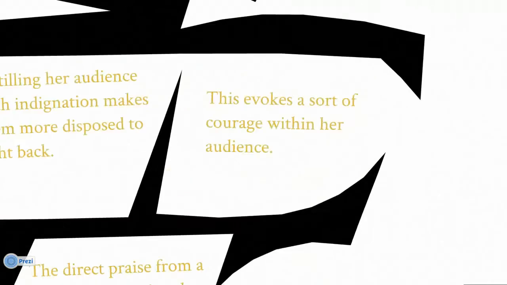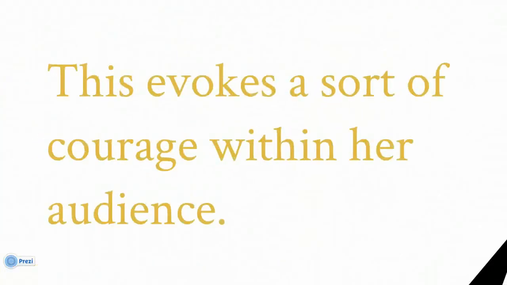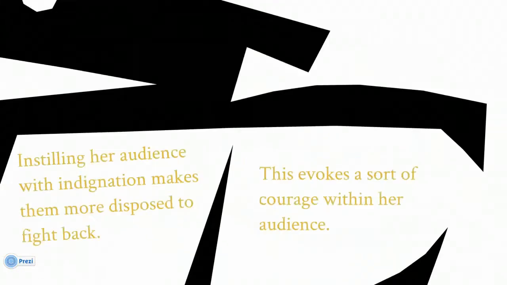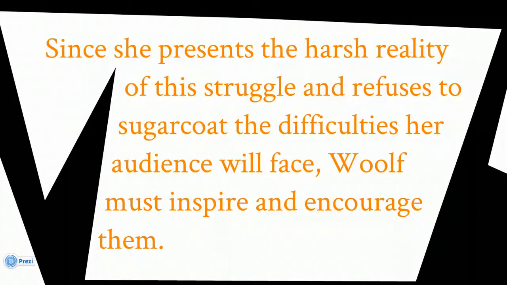But that still gives confidence. This evokes a sort of courage within our audience, getting back to the pathos appeal, which in turn supports this. Because she's presenting such a harsh reality of her audience's situation, she must inspire and encourage them so they will not feel completely discouraged and forlorn and not even try to confront what they need to confront.